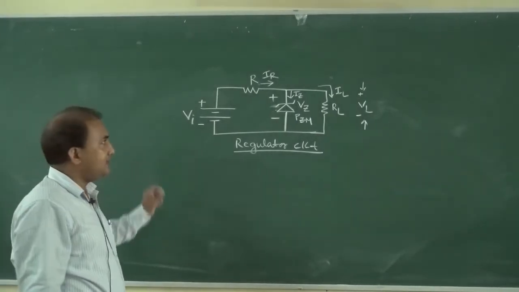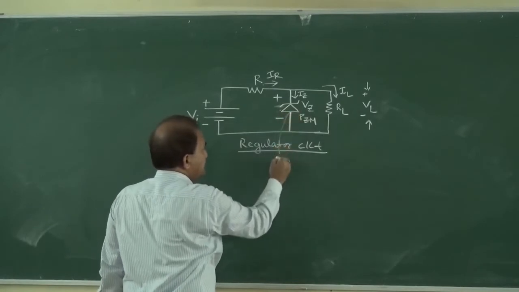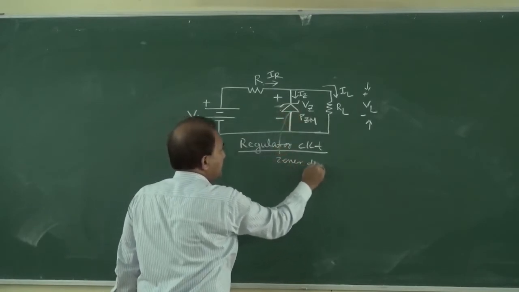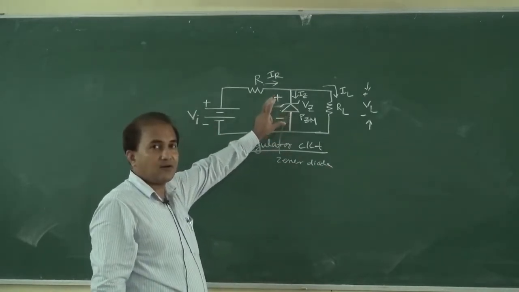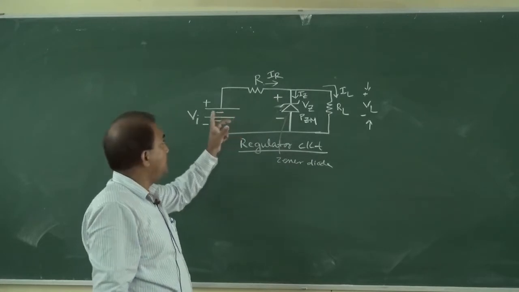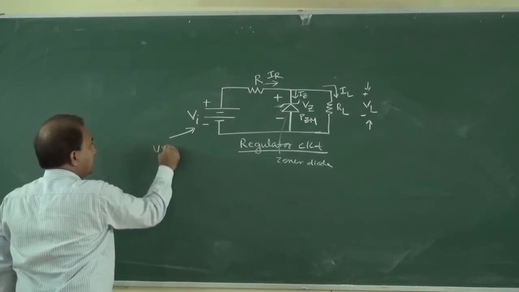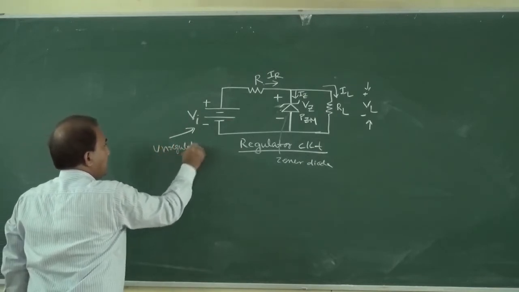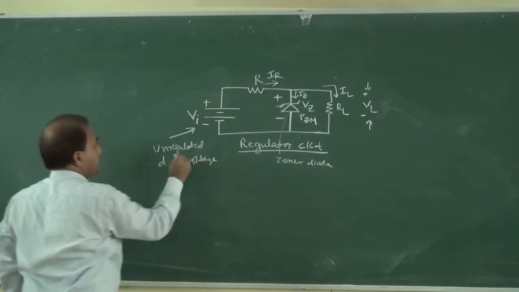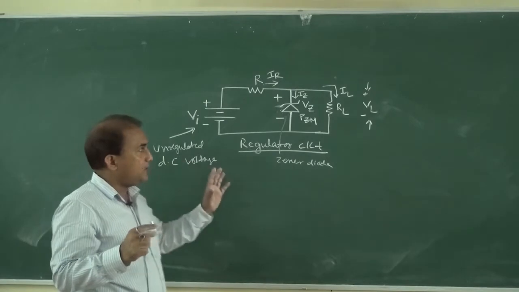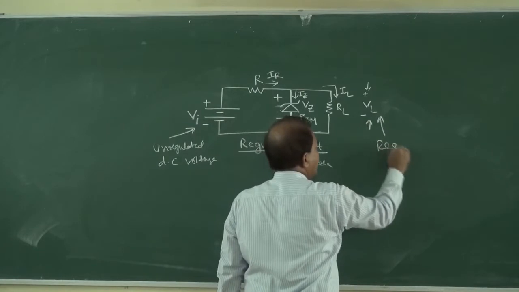In this regulator circuit, this is the Zener diode. This Zener diode is always connected in reverse bias with this VI. This voltage is the unregulated DC voltage, and the output of the regulator circuit is VL, the regulated voltage.